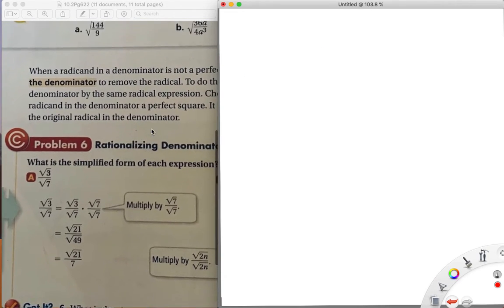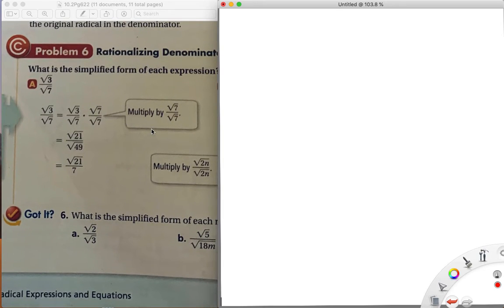So rationalizing the denominator, since you can't have a radical sign in the denominator, you have to multiply top and bottom by the denominator.